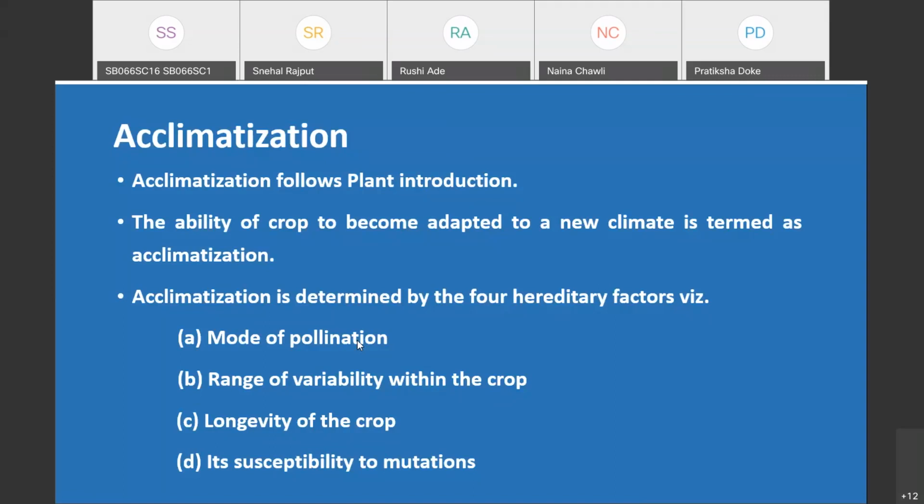Okay, its susceptibility to the mutations: higher the mutations, easier and more rapid is the adaptation.